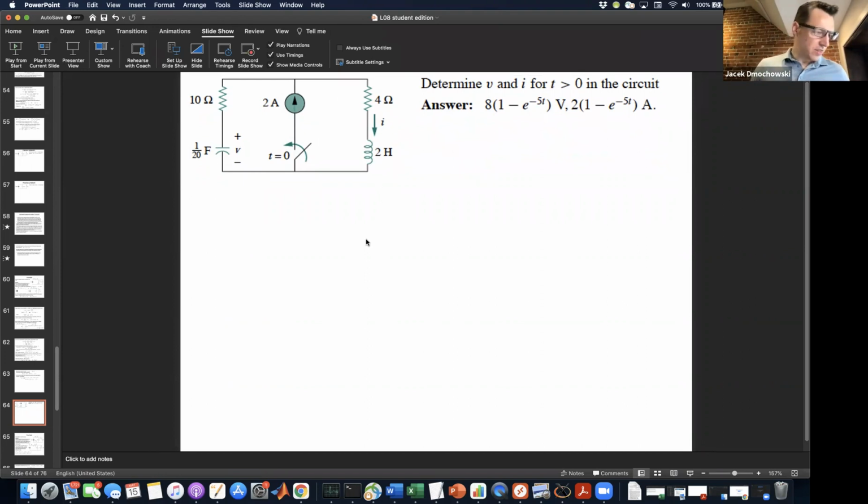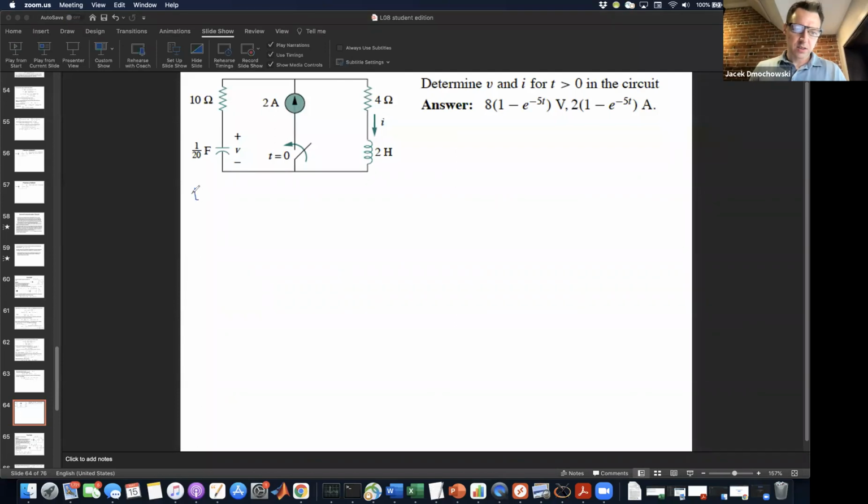The first thing that we're going to do is draw this circuit at time equals 0 minus. Remember, at time equals 0 minus, the circuit is in steady state.